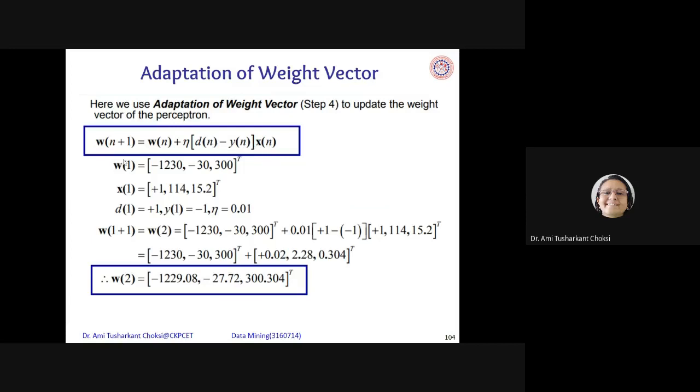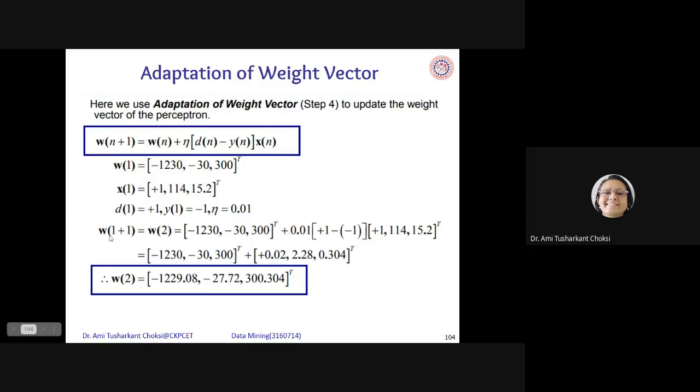Now W1 is minus 1230, minus 30, 300 transpose. X1 is plus 1, 114, 15.2 transpose. D1 is plus 1, that is the desired output. Y1 is the actual output, that is minus 1. Eta is the learning parameter, and that is 0.01.